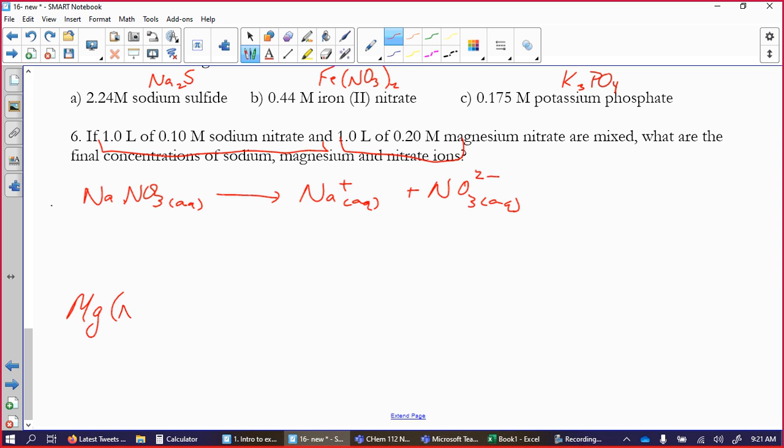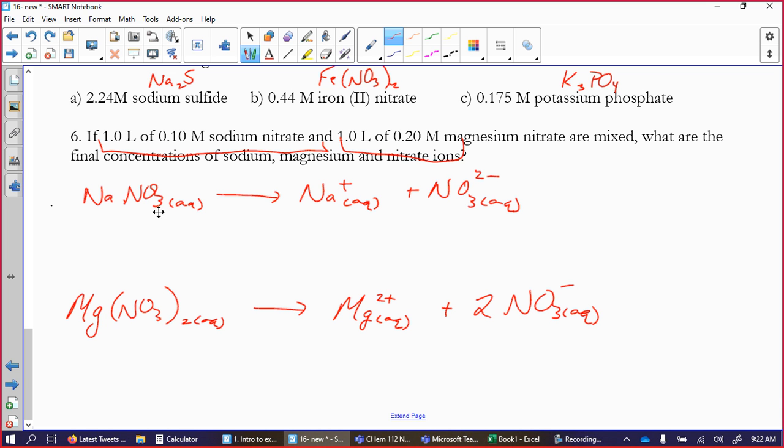Magnesium nitrate, because magnesium is +2, after we go through this.